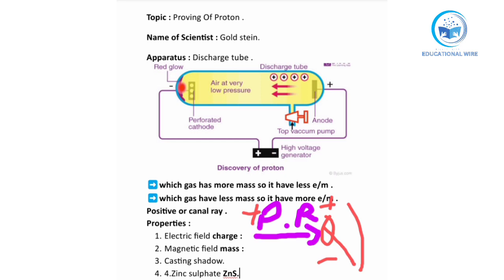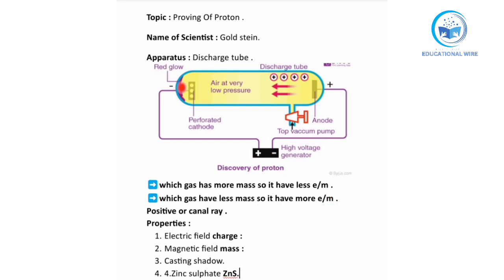It means the electric field acts on a charge. But in the magnetic field, what happens is the same as in the previous one. We have a magnetic field, we are finding the mass, and we have a positive ray, or you can say canal ray.